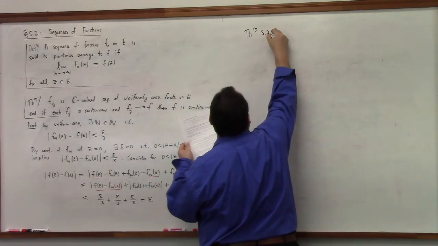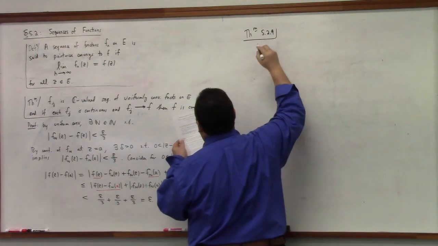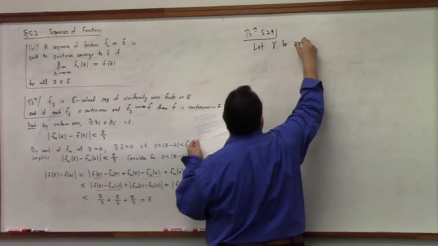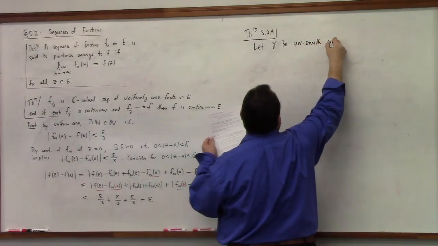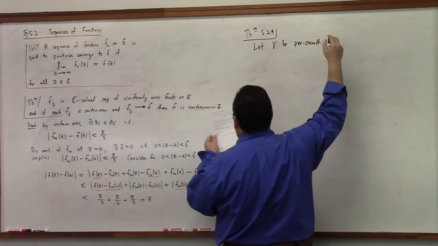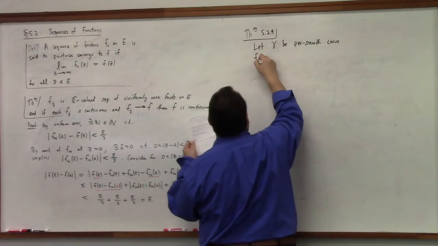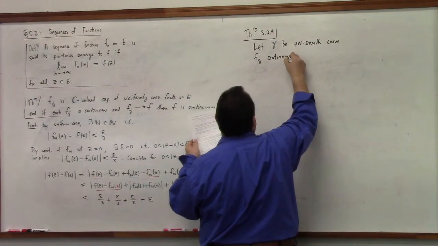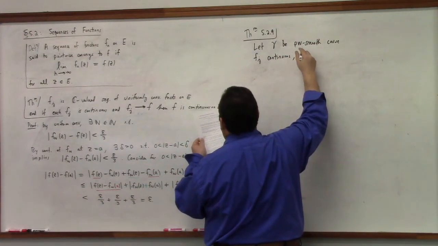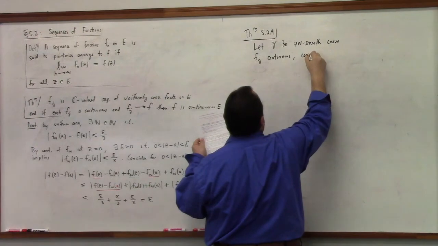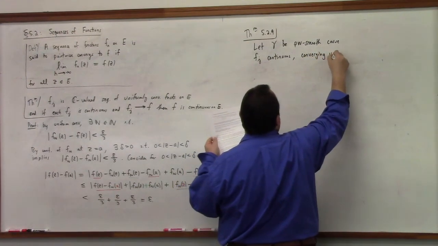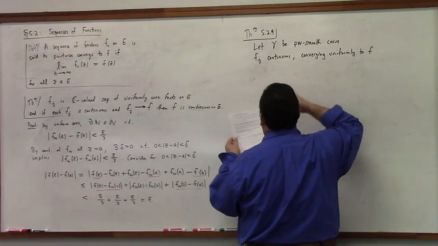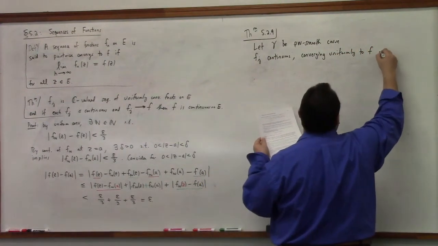Theorem 5.29. Let gamma be a piecewise smooth curve, and fj continuous, converging uniformly to f on gamma.